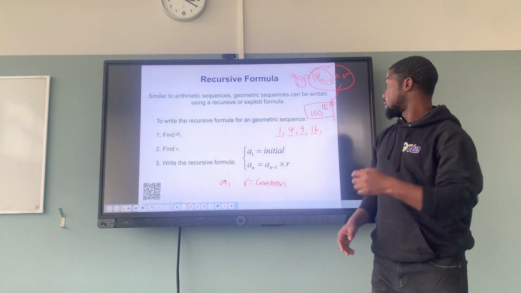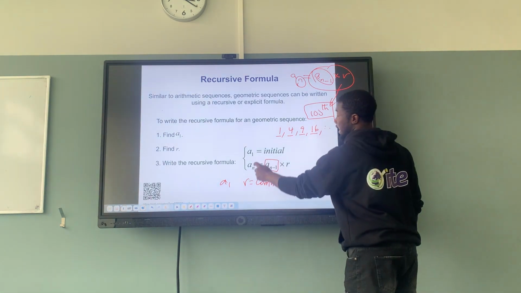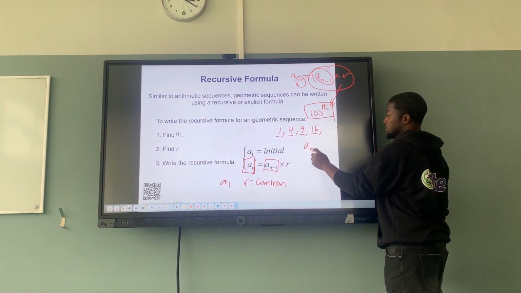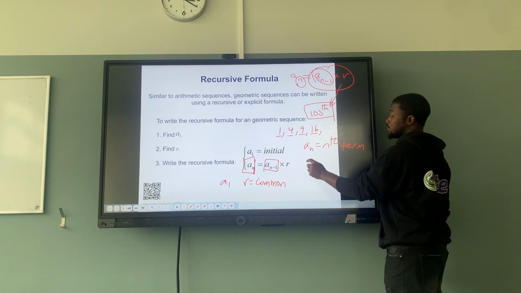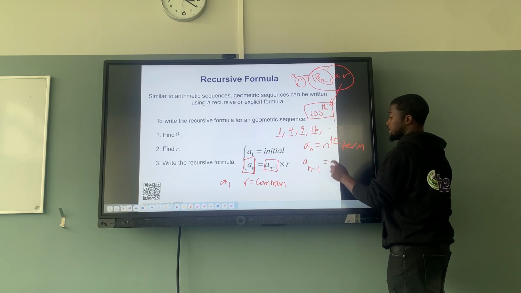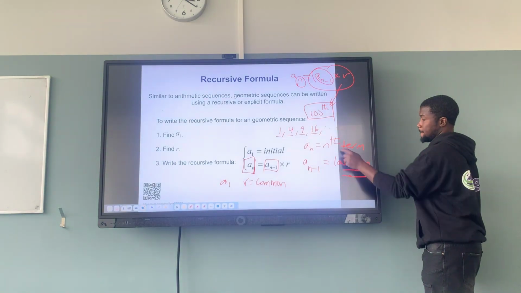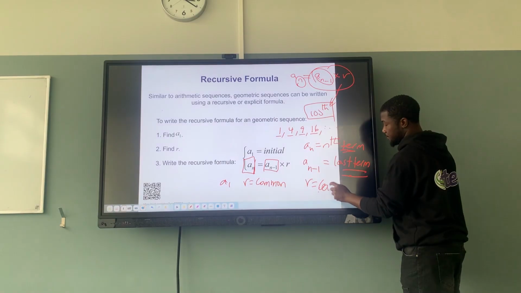So a sub n minus 1 is the last term of the sequence, and a sub n is the nth term of the sequence. And r is the common ratio.